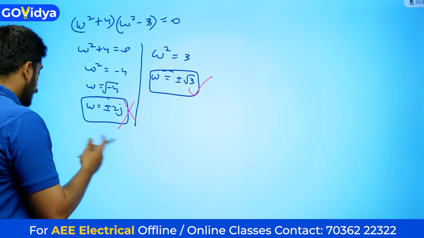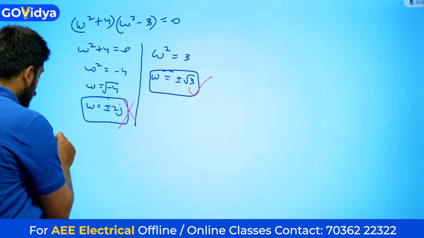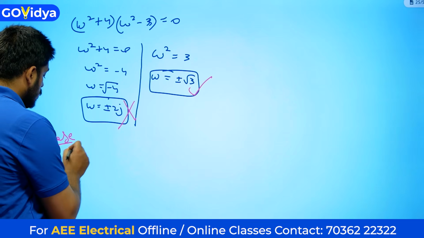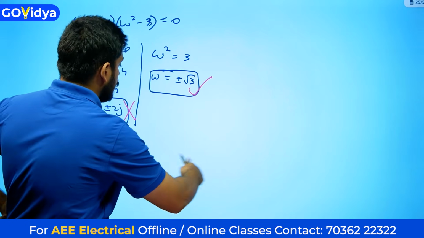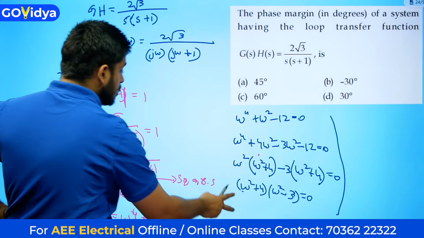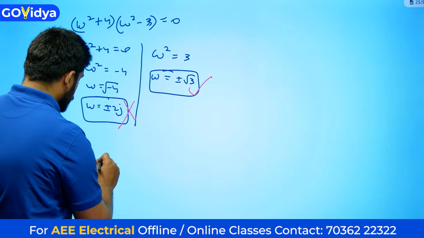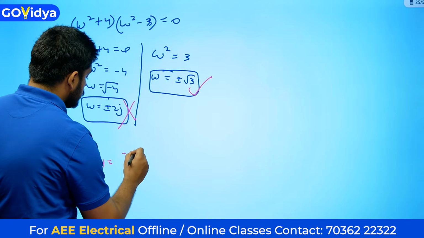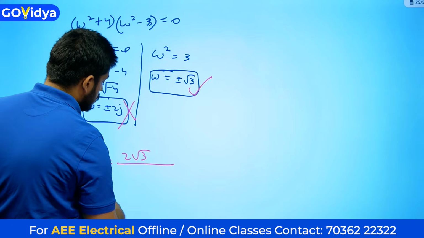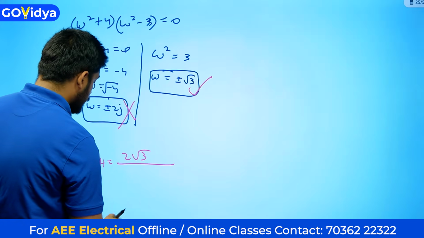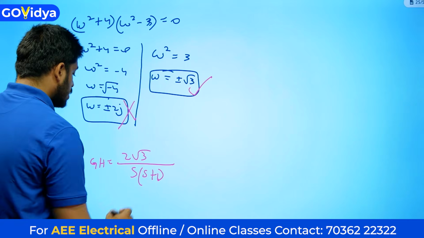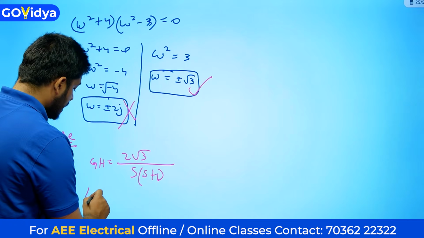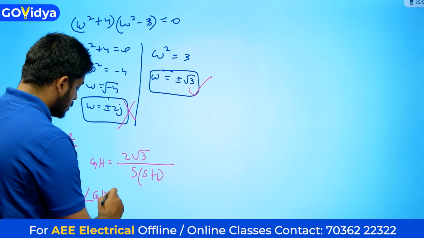So now we need to find the phase. Our actual outcome is phase, but why we find omega, I will tell now. So what is my equation? GH is equal to 2 root 3 by S of S plus 1. Okay, now finding angle GH.